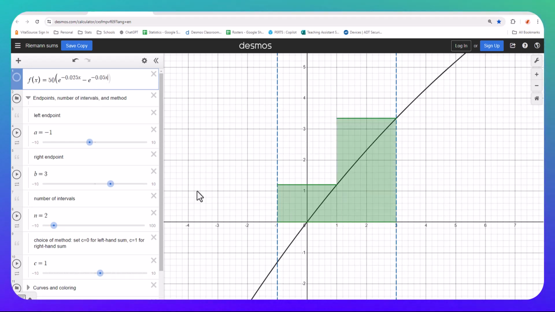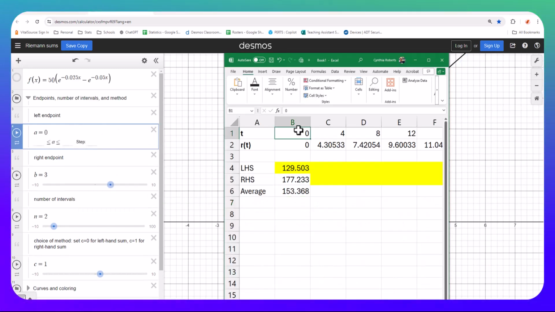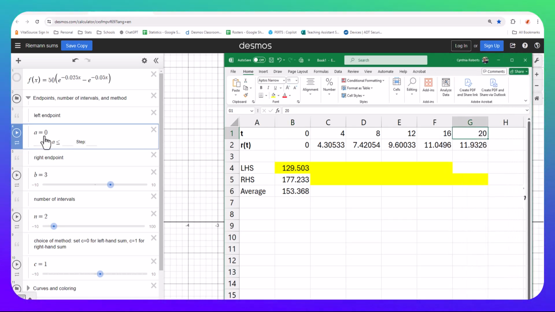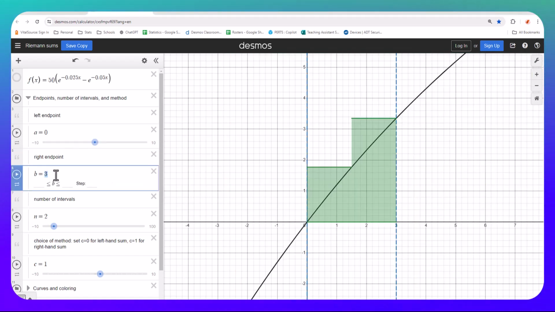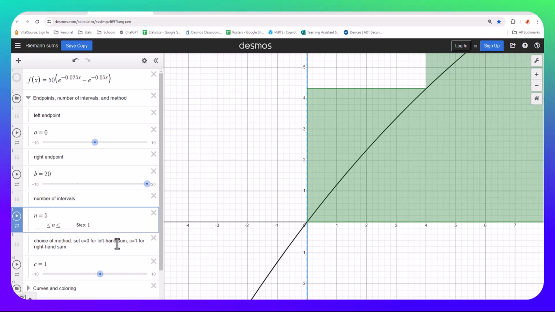Be sure you use x. My a was 0. What am I calling a? The first value. What am I calling b? The ending value. So my b is 20. And remember, I had 5 sub-intervals.